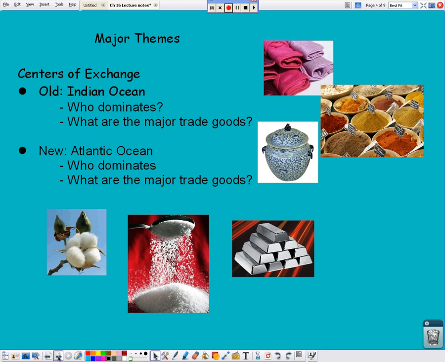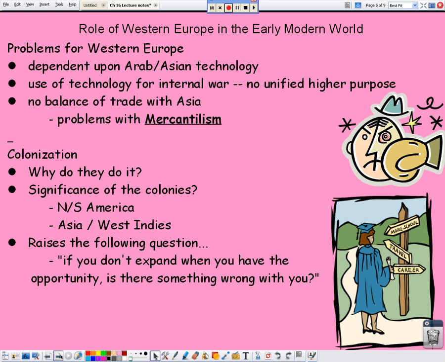And obviously we've said a number of times now that Western Europe is going to come to dominate this new era. And so we need to talk quickly about some of the reasons for that. And it's really kind of shocking that Western Europe comes to dominate this period. Because when we look backwards, Western Europe has really been kind of unimpressive.